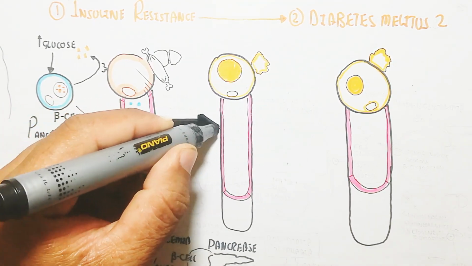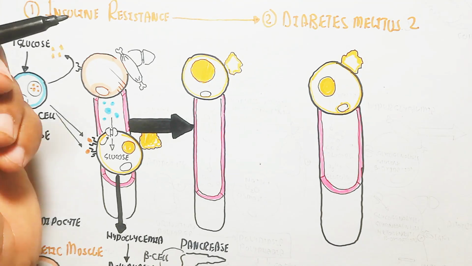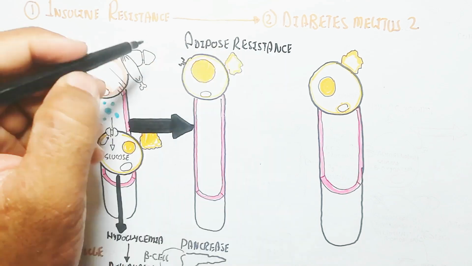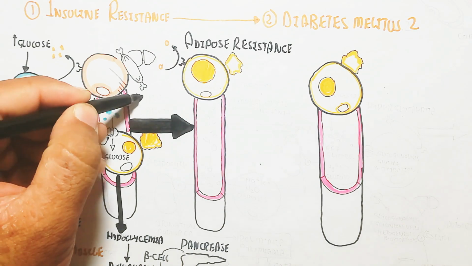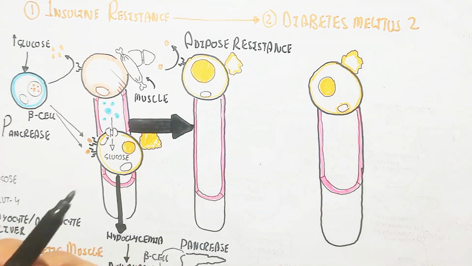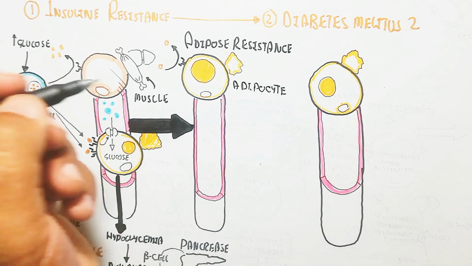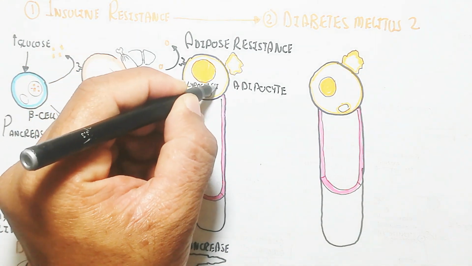Due to the low glucose level again and again, because the adipose tissue absorbs more glucose than the normal level, adipose resistance will occur after repeatedly using this insulin receptor because of the polyphagia. Polyphagia means eating again and again, and it leads to obesity. In this way the adipose tissue will develop more, which is known as lipogenesis.